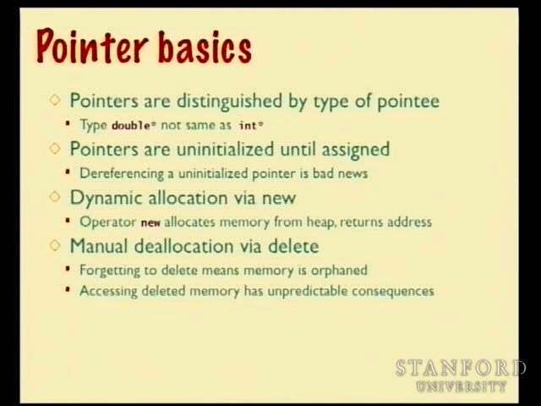So one of the things I had tried to say last time was that one of the reasons pointers are considered a little bit scary is because there are certain opportunities to make mistakes here, and those mistakes have pretty drastic consequences. Using an uninitialized integer is not that terrible. If you're trying to sum the numbers in an array and you forget to initialize your sum, you get a sum that's junky, but it doesn't crash your program.